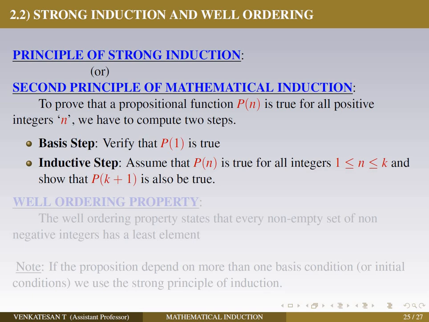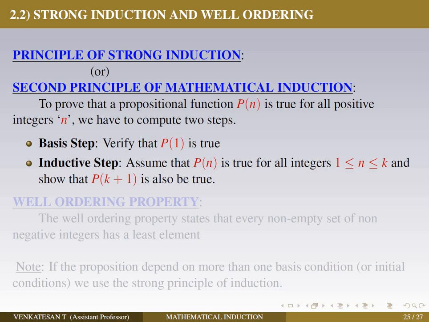First one, the basis step, which is quite similar to mathematical induction. That is, we are going to verify that P of 1 is true. But in inductive step, in mathematical induction, we assumed P of k is true and we were trying to prove P of k plus 1 is true.